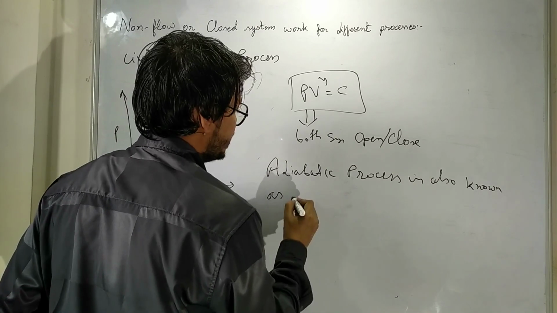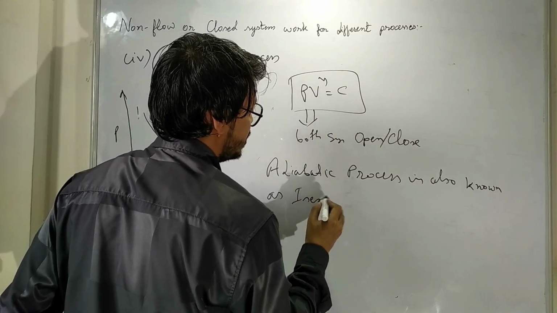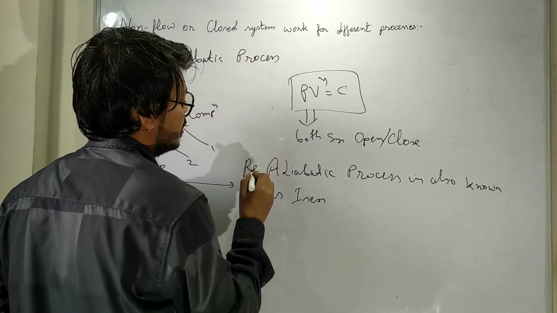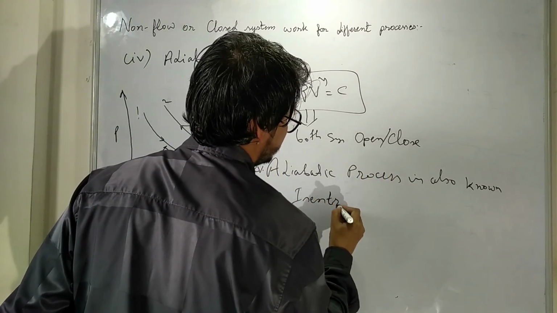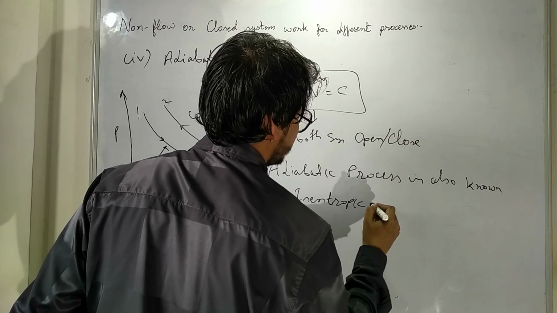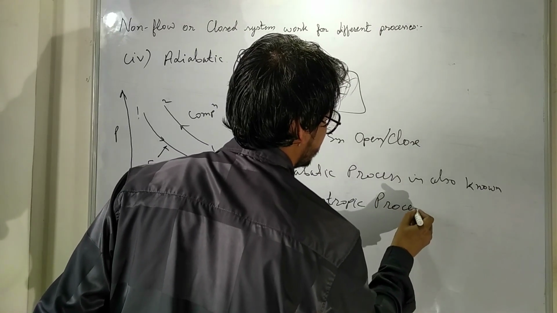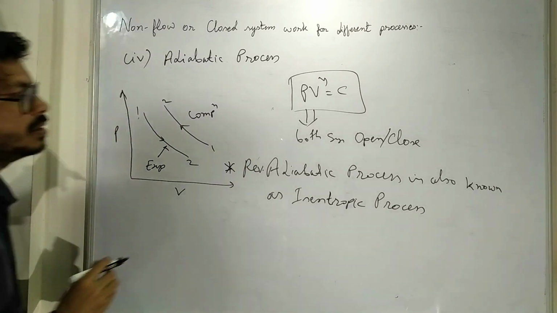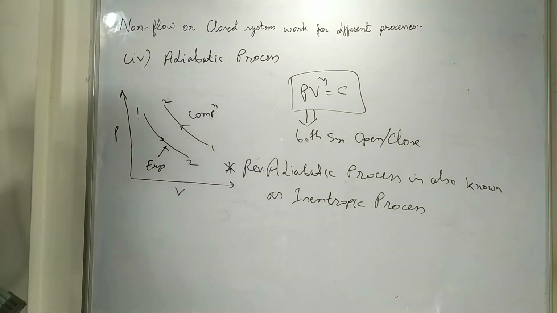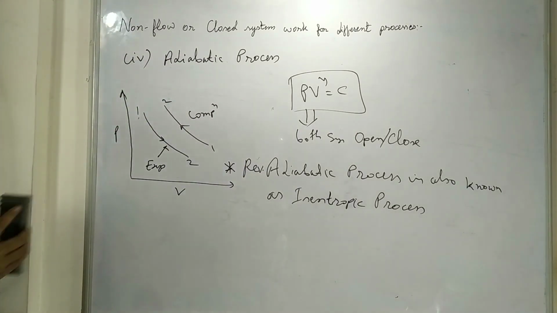Adiabatic process is also known as isentropic process. Sorry, reversible adiabatic. So reversible adiabatic process is also known as isentropic process.